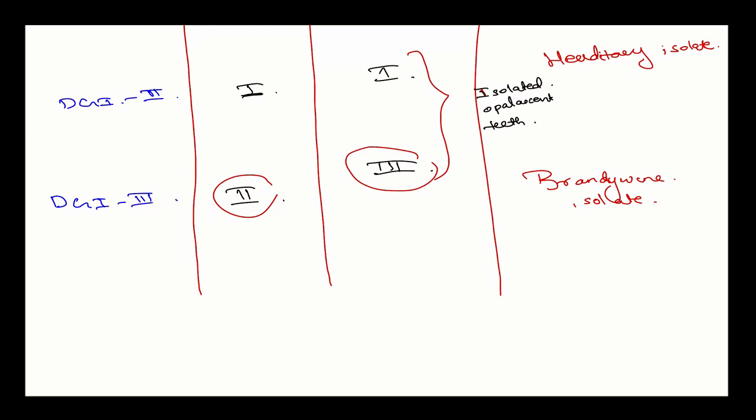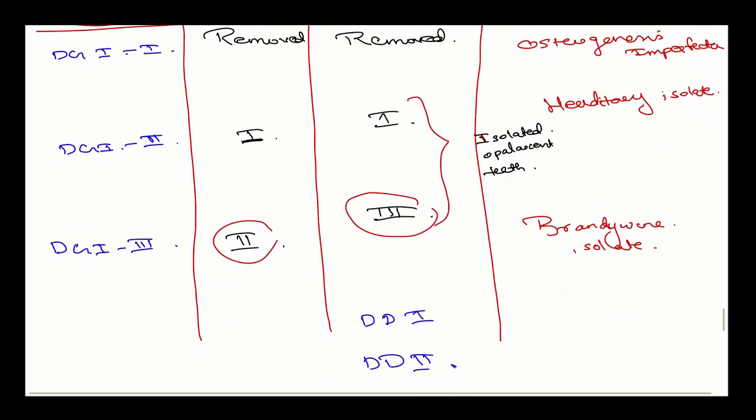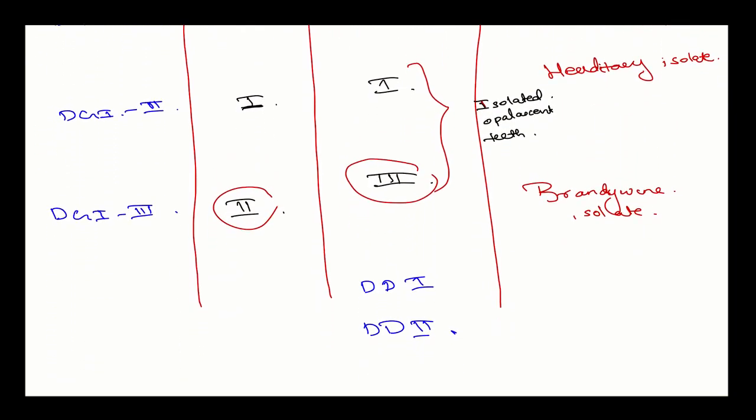Okay, then one more thing you have to know here is the MIM classification. They also included dentine dysplasia 1 and dentine dysplasia 2 in their classification, under disorders of dentin. Just to know which classification included dentine dysplasia: it is MIM. In the others they considered it a separate disorder.